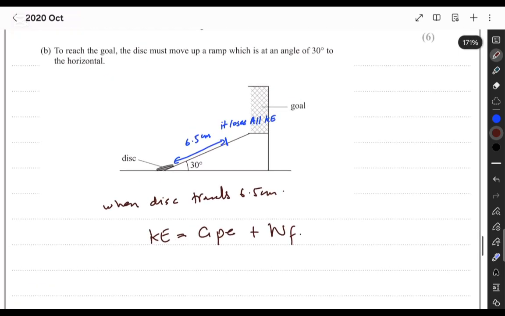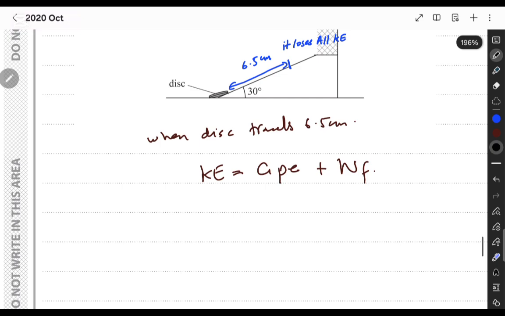Now, this is, by the way, the initial kinetic energy. The initial kinetic energy, half mv squared, is equal to mgh plus the work done against friction.